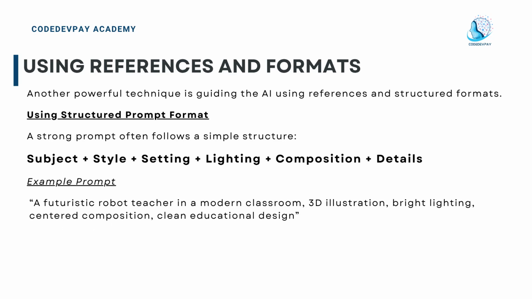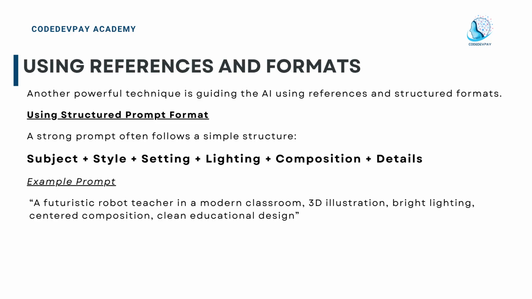Another form of reference that we can use is a structured prompt format: the subject, the style, setting, lighting, composition, and details. An example prompt is: a futuristic robot teacher in a modern classroom, 3D illustration, bright lighting, centered composition, and clean educational design.